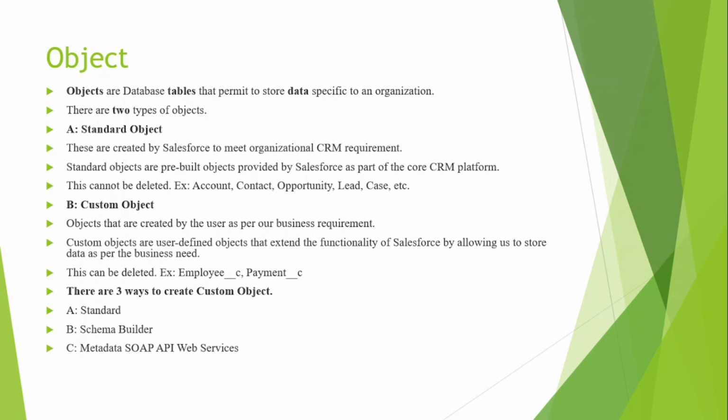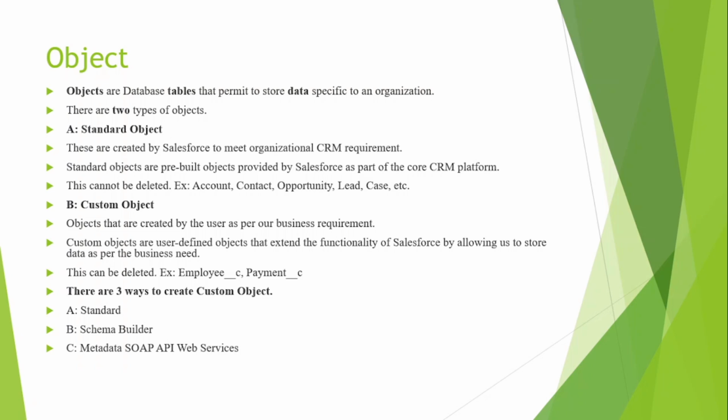There are three ways to create a custom object. First is the standard way, second is schema builder, and third is metadata SOAP API, that is web service. By web service also we can create an object. For now we are going to see only the standard way.